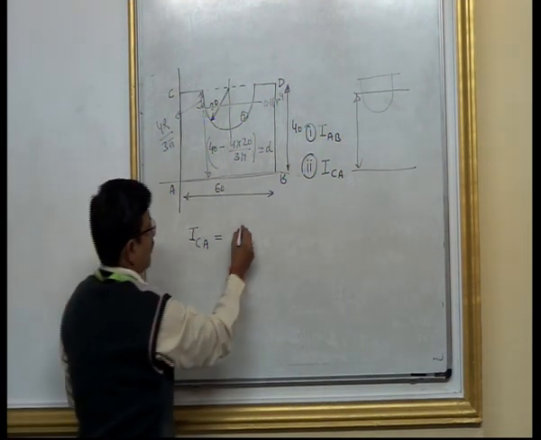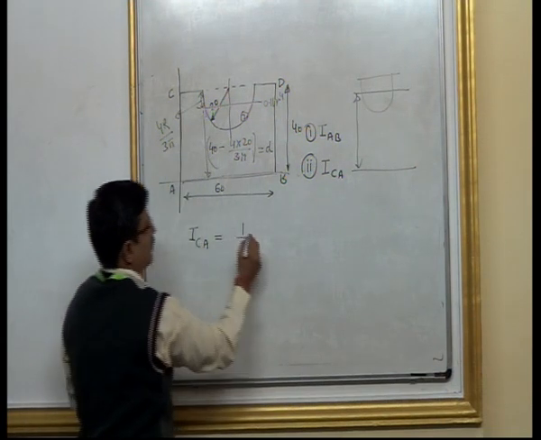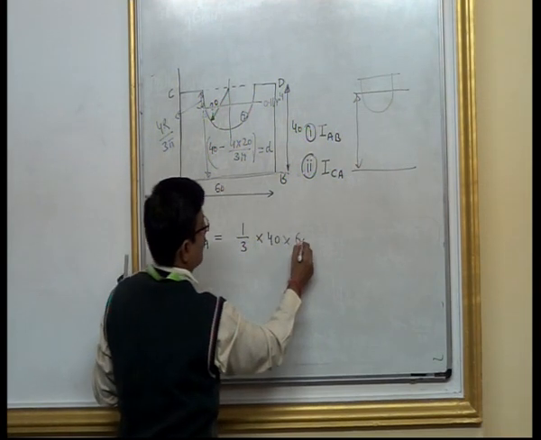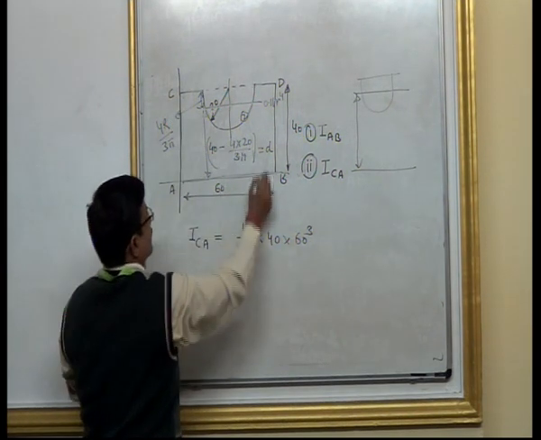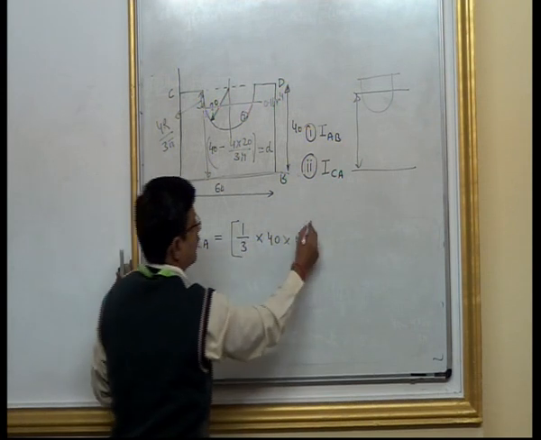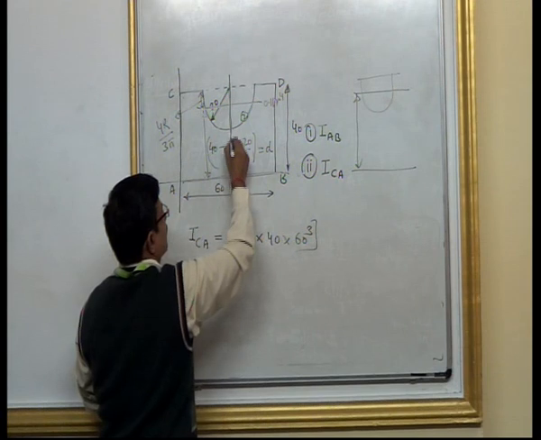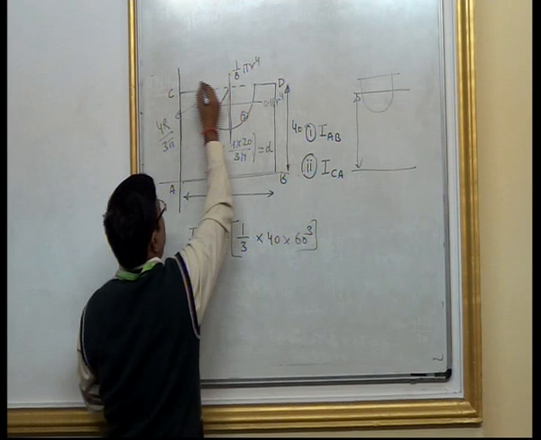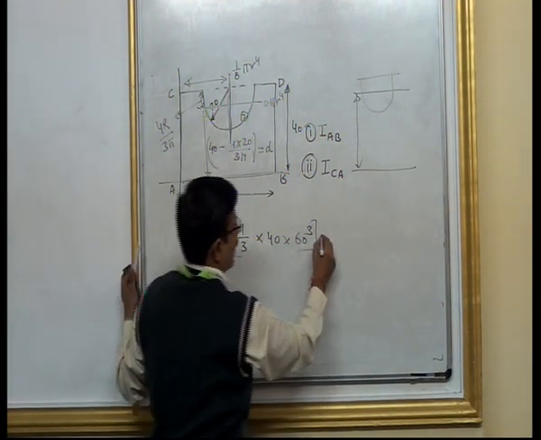So again 1 by 3, instead of B we'll have 40, since CA is 40, times h cube, 60 cube. ICA is the moment of inertia for the rectangle minus that for the semicircle. For the semicircle, the moment of inertia about this is 1 by 8 pi r to the power 4. We have to shift it to this.